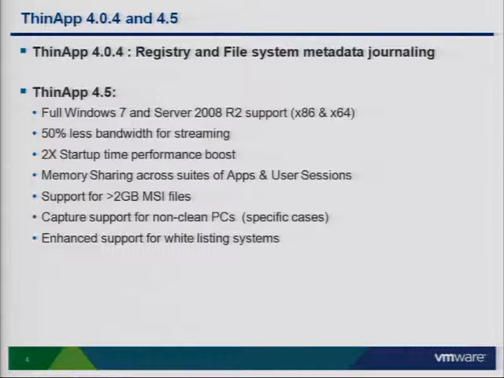One of the big things that we targeted in terms of features is to make this a robust, reliable solution by adding journaling to the registry and virtual file system metadata. For those of you who work with databases, you probably know about journaling.